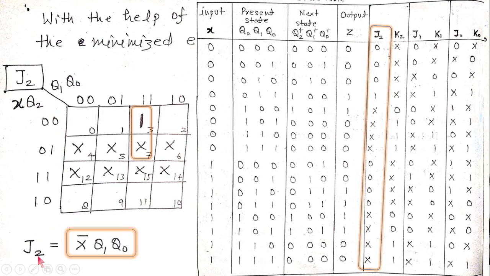So the expression is x bar Q1 Q0. Why x bar? 0 0 0 means x bar, 1 1 means Q1 Q0, and Q2 is changing 0 and 1, so we can omit Q2 because pairing removes it.